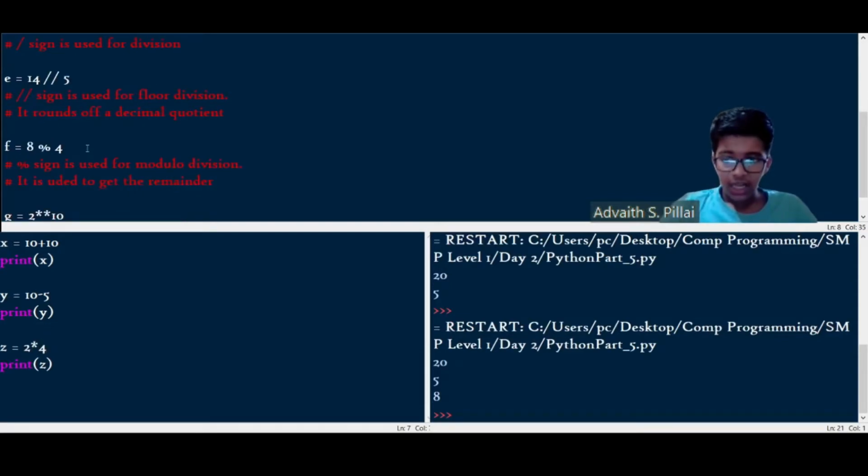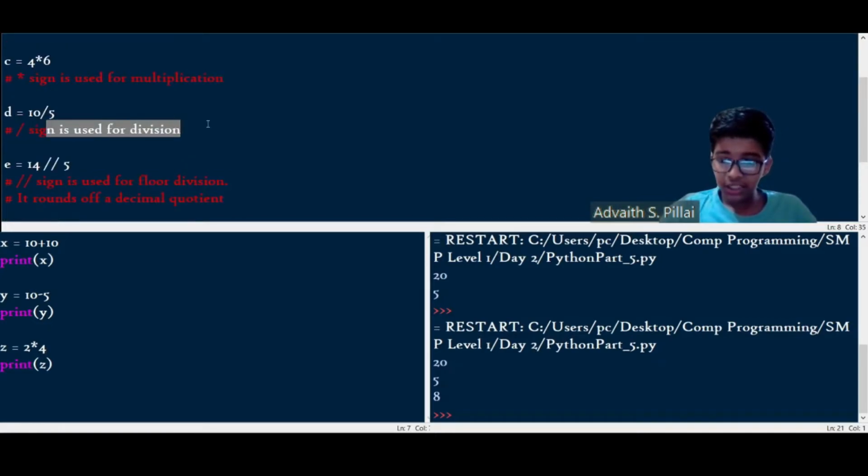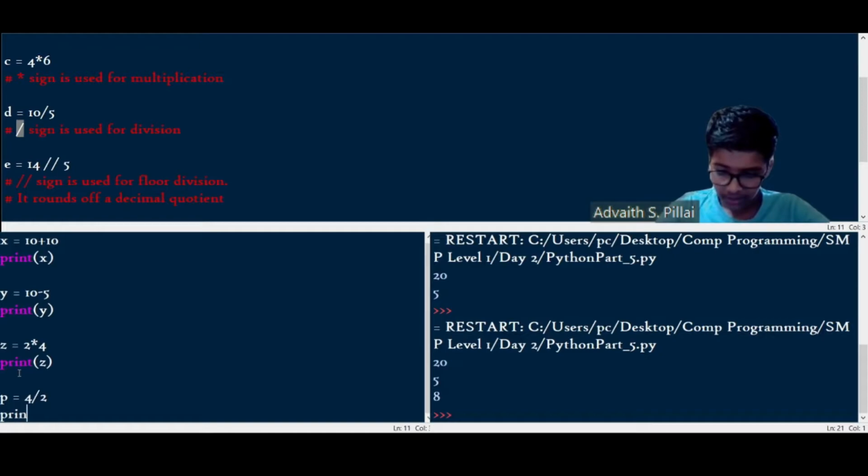Okay guys, so now we look at the division operator, which is the forward slash symbol. For that, let's take a variable p and write 4 divided by 2, and then print p and run it.